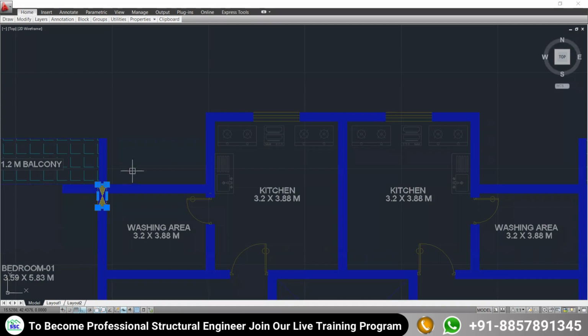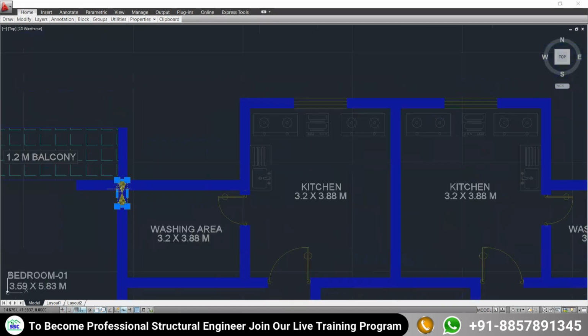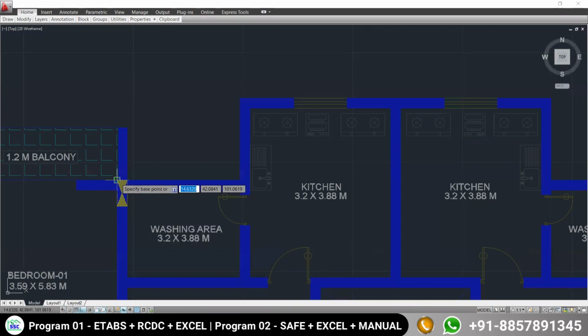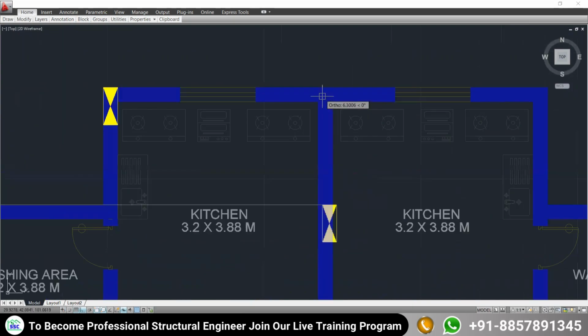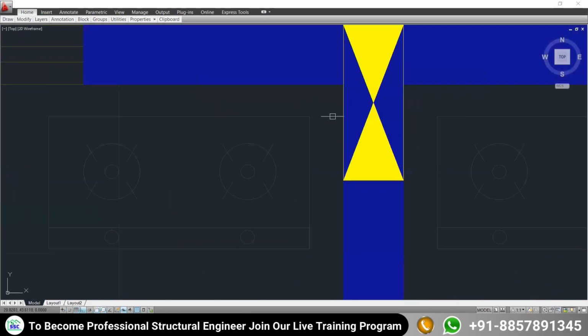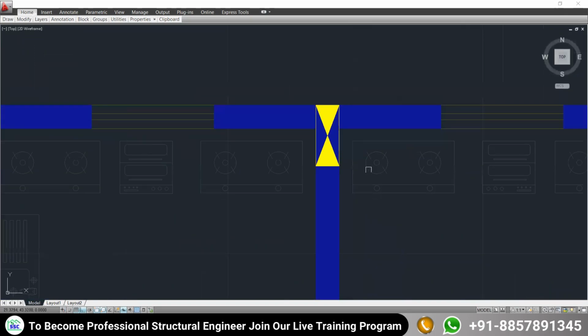Okay. So here, I am going to take a column from here to here, one column. Now it is also the intersection of three walls and 3.2. So I'm going to take one column here also, and one column here also.